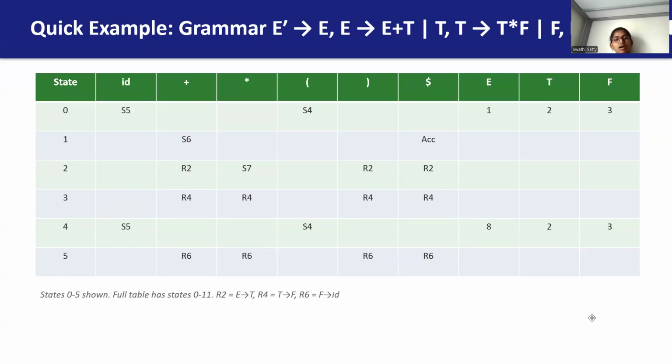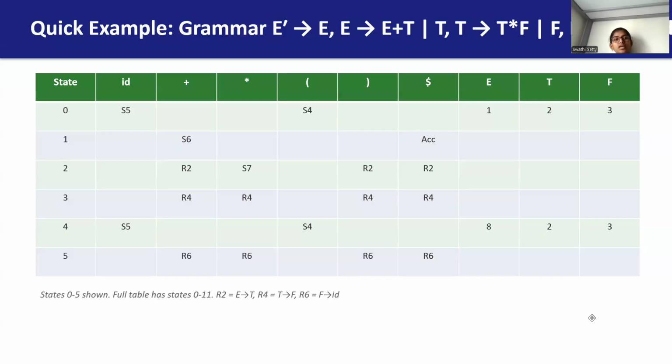To specify the R2, as I said, the numbering is given to the productions. R2 is for E refers to T, R4 is for T refers to F, R6 is for F refers to ID.